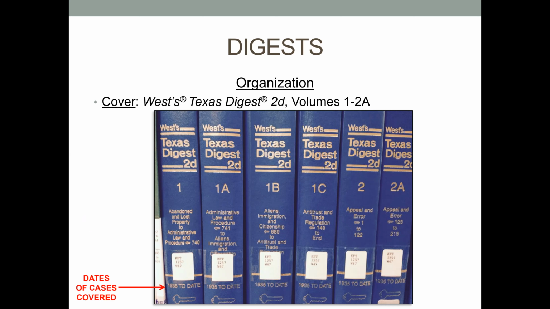Now, at the very bottom of each volume, you'll see it says 1935 to date. That means that this second series of West's Texas Digests only goes back to cases issued beginning 1935 to present. If you wanted to see abstracts from earlier cases, you would have to go back to the first series of West Texas Digest in the books.